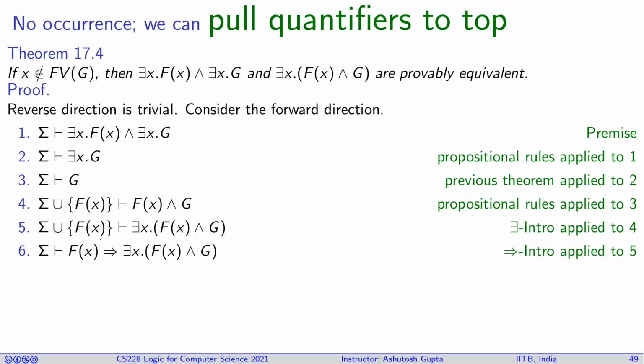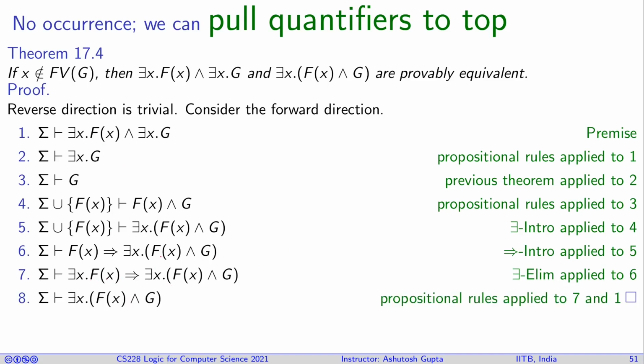Now I can use propositional logic to push the thing here and then say f of x implies this formula. And now we can apply exists elimination and obtain this implication. Now this can prove this guy, and this I have because of that guy. So I can essentially derive this using propositional logic.